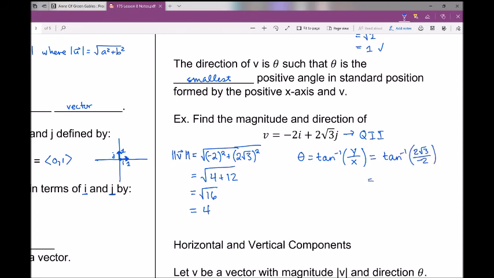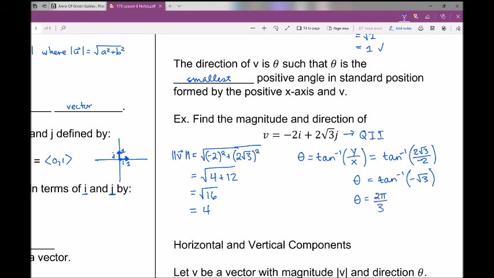If we simplify this, we get that theta is the tangent inverse of negative square root of 3. So what we want to think about is what angle in quadrant 2 has a tangent of negative square root of 3. And the angle that might come to mind is 2 pi over 3. So our theta is 2 pi over 3.